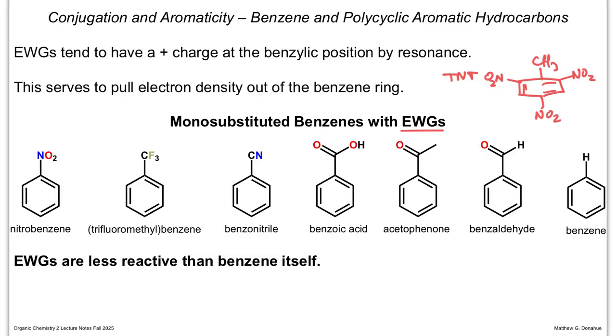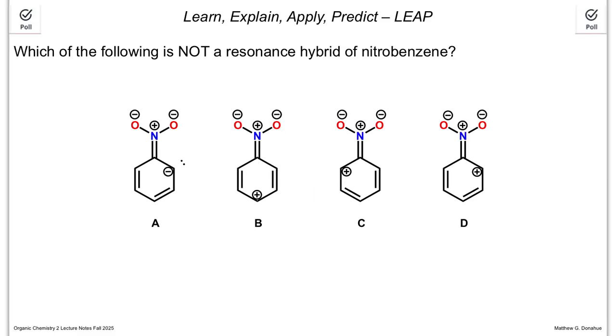So on the next slide, we'll look at nitrobenzene and understand what its effect on the ring is for pulling electron density out. So this one says, which is not a resonance hybrid of nitrobenzene?